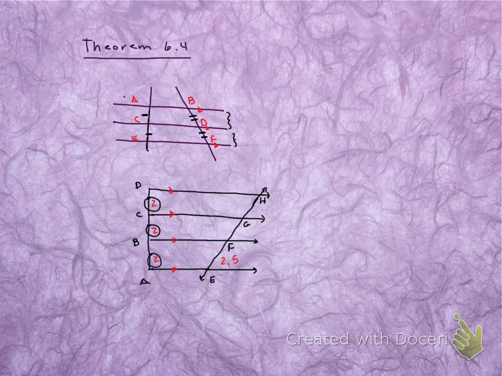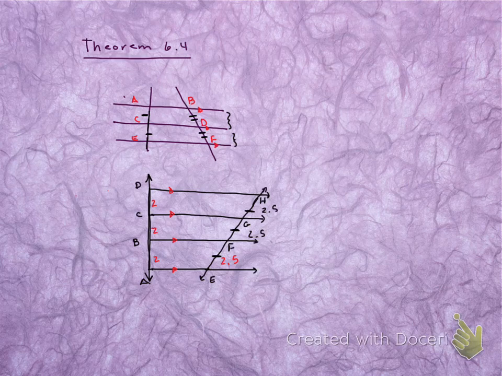So if those segments cut off by this one transversal right here are congruent, that means that EF, FG, and GH are also congruent. So each one of these measures 2.5.